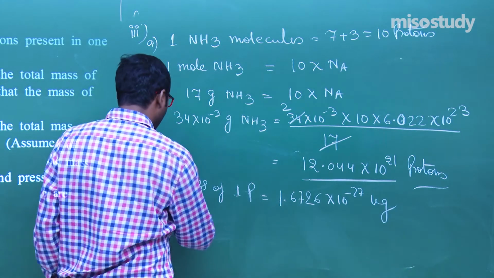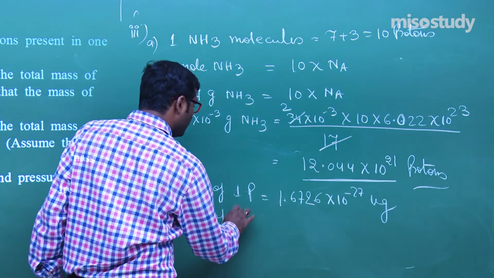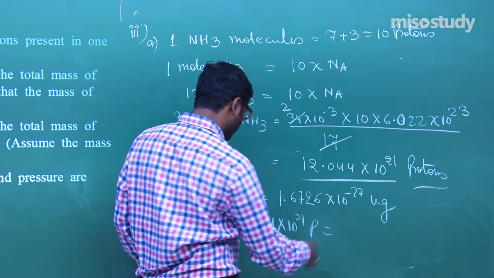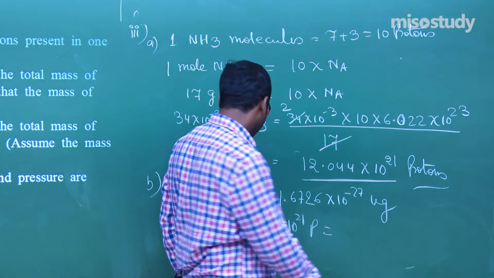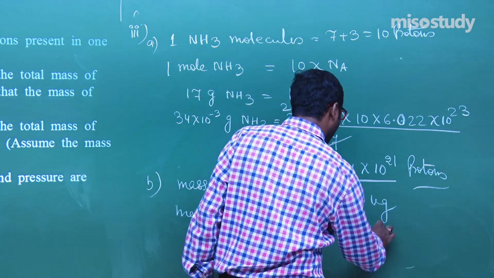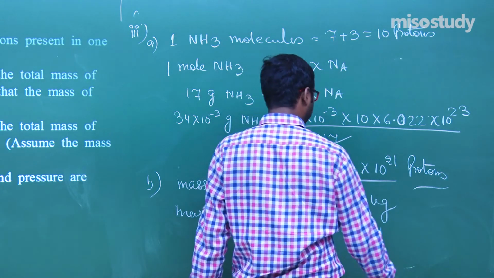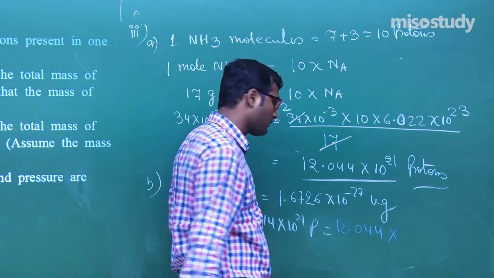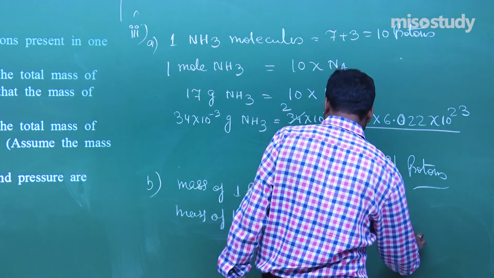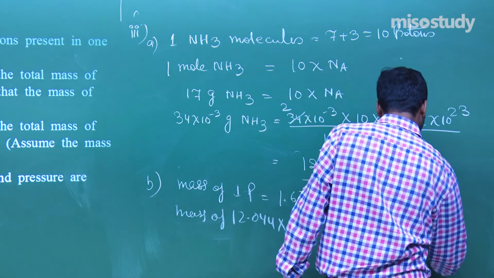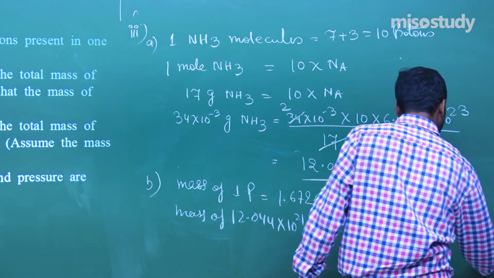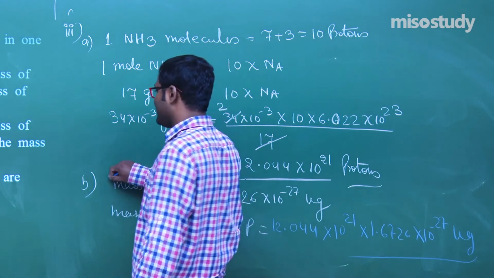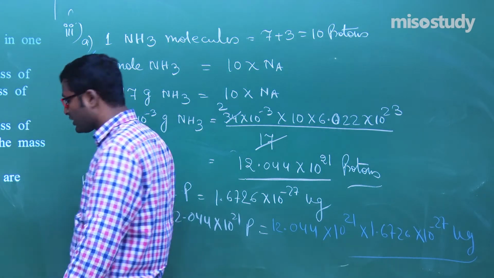So the mass of 12.044 into 10 to the power 21 protons will be equal to, take a breath friend, big question, 12.044 into 10 to the power 21 multiplied by 1.6726 into 10 to the power minus 27 kg. This is the answer. This is the complete solution of this question.